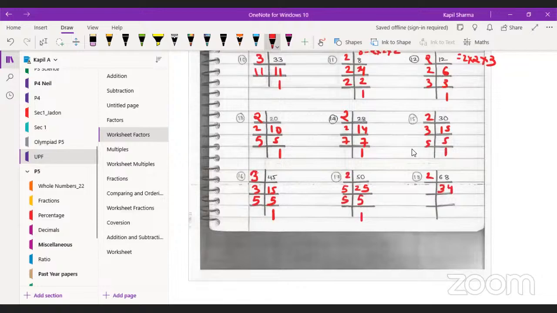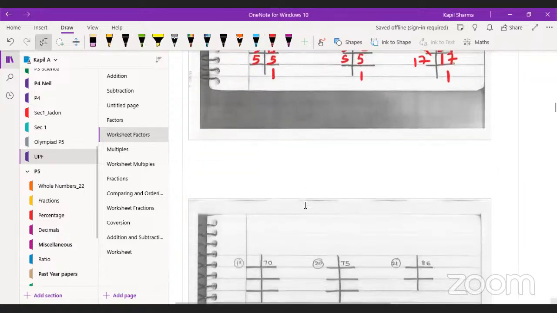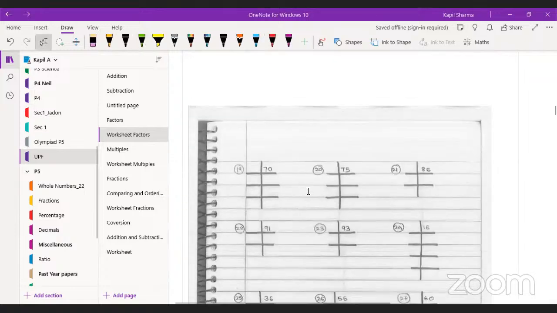Then again 2 here. 17. Yeah, and finally it's 17. 17 times 1. 17 is a prime number. Okay, good. Now next question, 70.